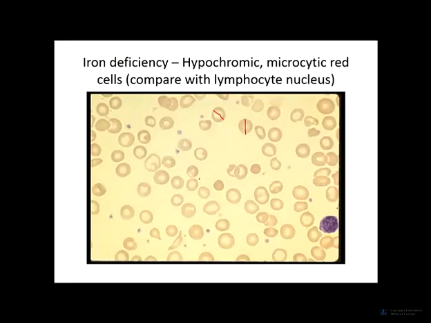And so, to my eyes, this is kind of rip-roaring iron deficiency anemia. To me, these cells are small, and that's something that you can really only get with experience. But this and this, maybe you can see that some of these cells are small. You can compare them to the nucleus of the lymphocyte as kind of a basis for comparison.